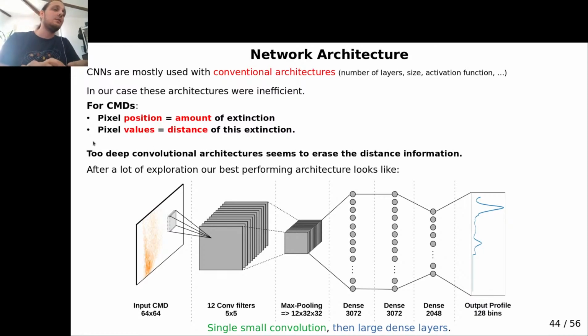In our case, we observed that two deep convolutional architectures seem to erase the distance information. We explored a lot of architectures, a lot of conventional architectures as well, and our best performing architecture looked like this, with a single small convolution layer just after the input CMD, and quickly we connected to large dense layers of classical artificial neural network. And this, as you will see, works well to reconstruct the associated extinction profile from a given input CMD.